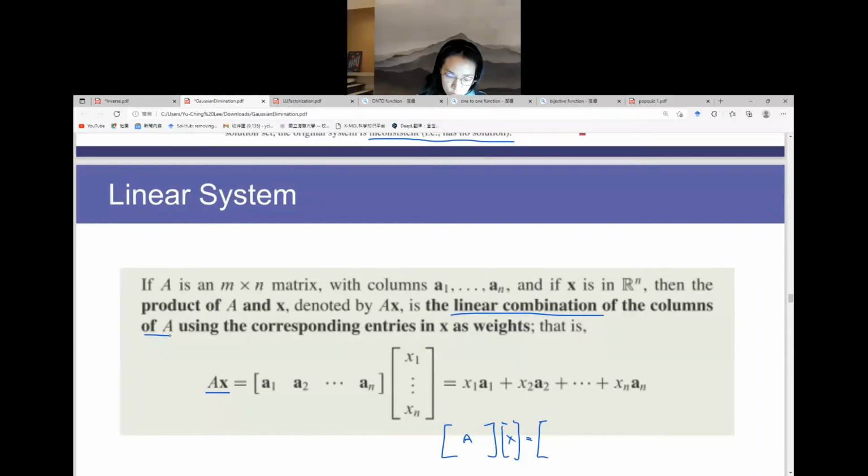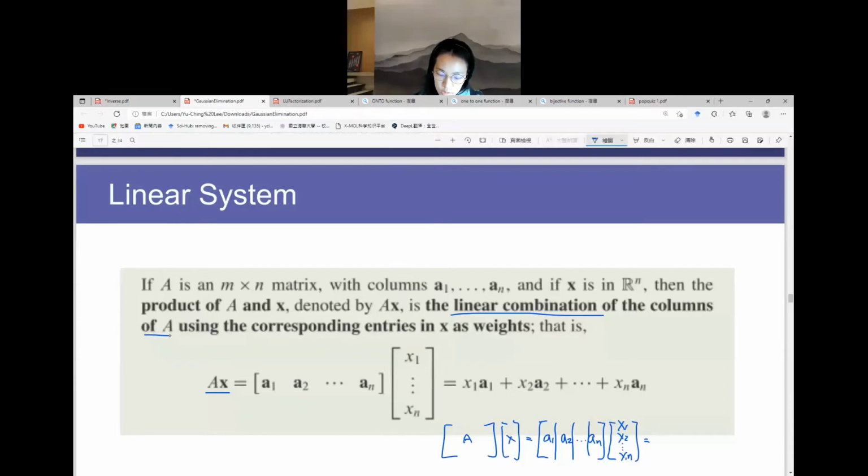It's equivalent to separating the A matrix into n column vectors multiplied by x1, x2 to xn. And then I follow the rule of matrix multiplication. I can write it as x1 times a1, which is a column, plus x2 times a2 as a column, and then xn times an as a column.